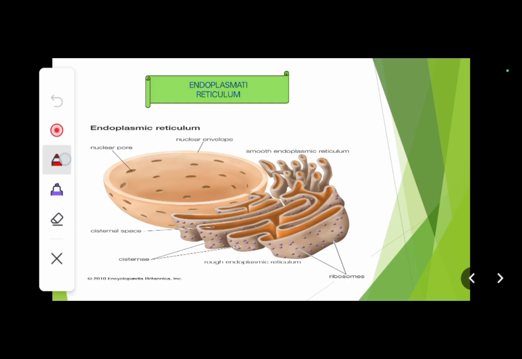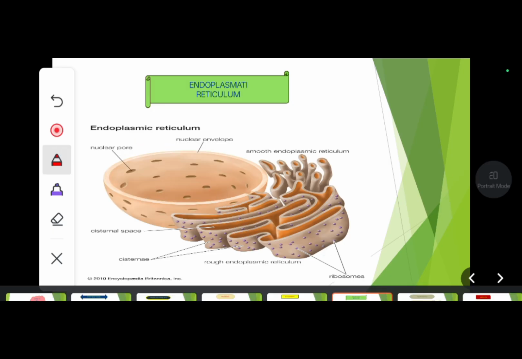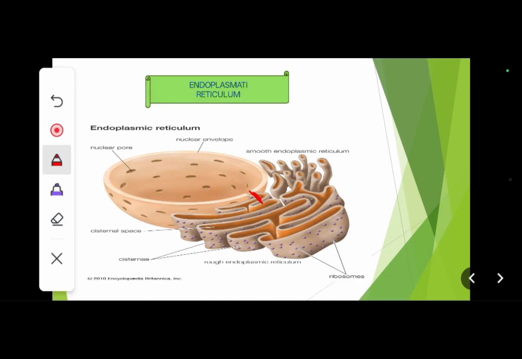Then endoplasmic reticulum. I already told you about the endoplasmic reticulum in a previous slide. Here the endoplasmic reticulum is interconnected with the nuclear envelope. The endoplasmic reticulum is a sac-like structure which is near the nucleus and interconnected to the nuclear envelope.